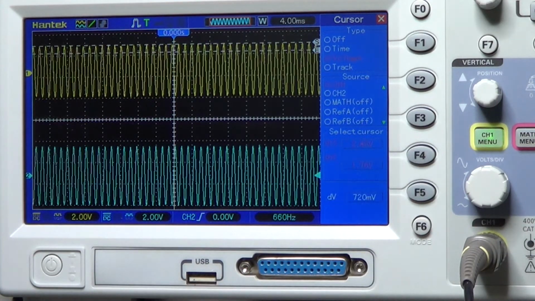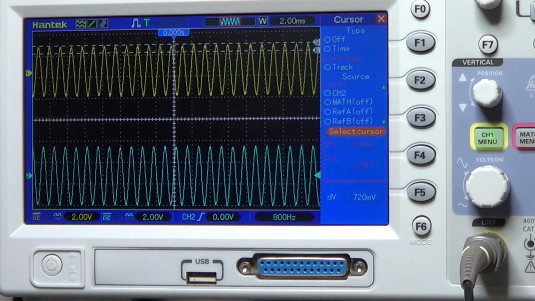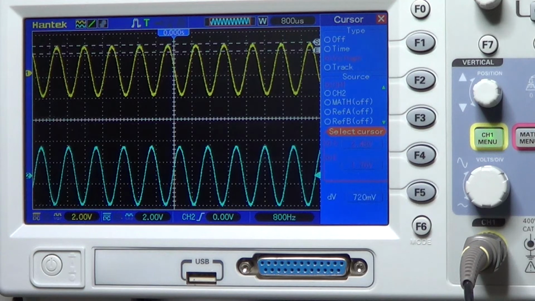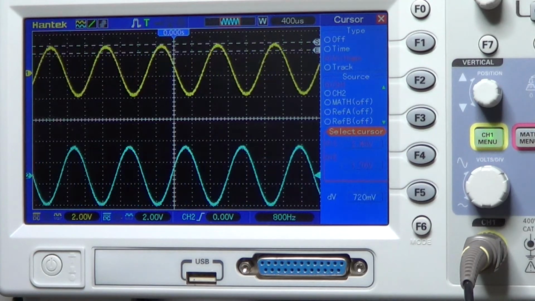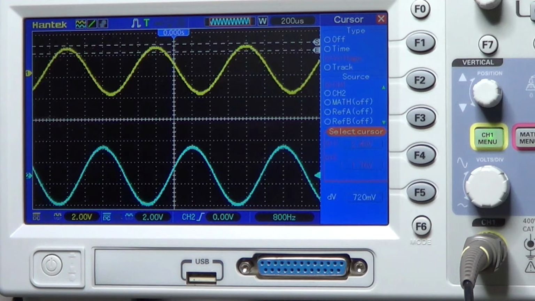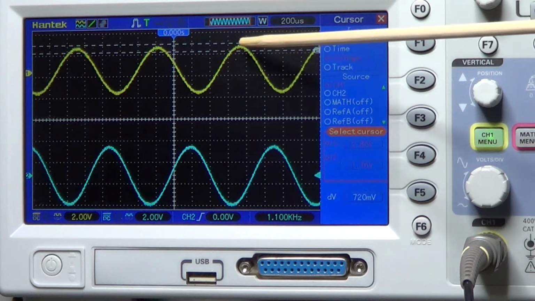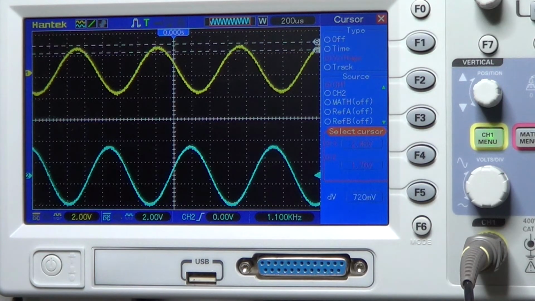Okay, now we are at about 800 Hz, and you can see that the output wave is barely attenuated. Let me adjust the scale a little so we can better see the periods of the sine wave. Okay, now I am increasing again the frequency of the input signal. So you see how increasing the frequency, the output amplitude decreases slowly, at least for now.